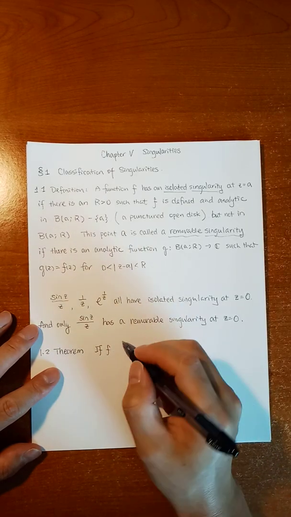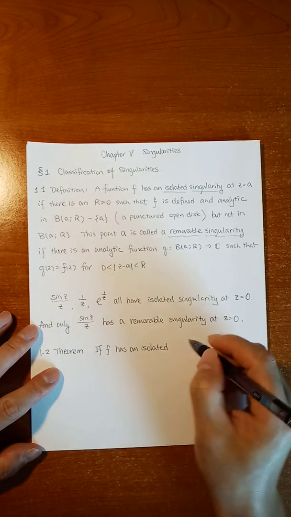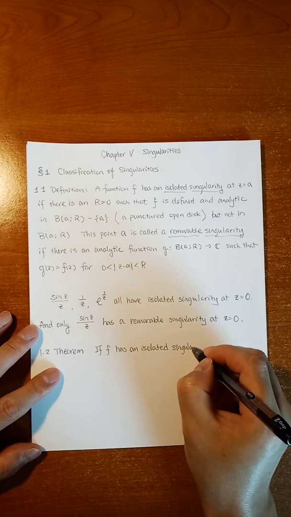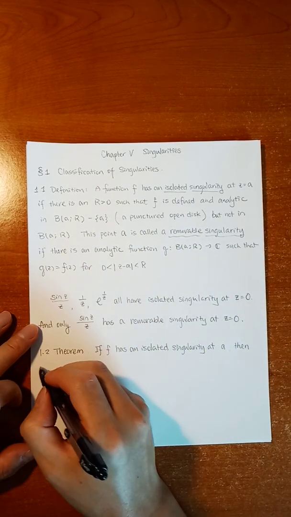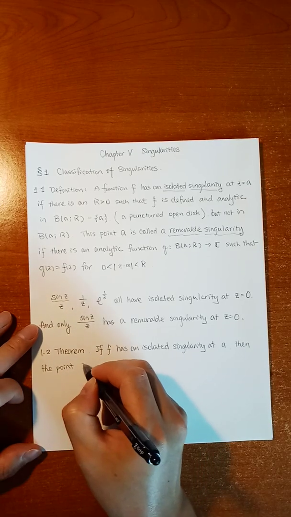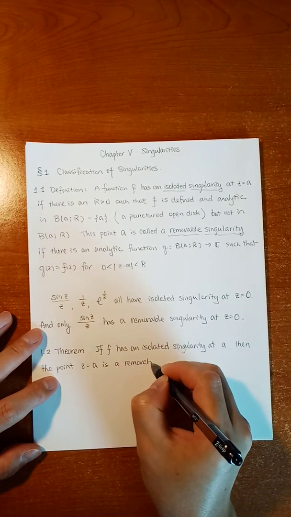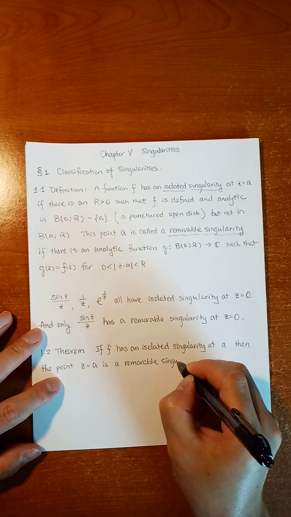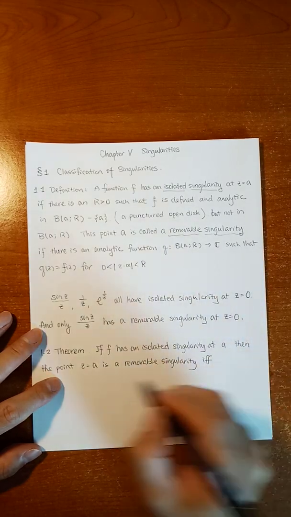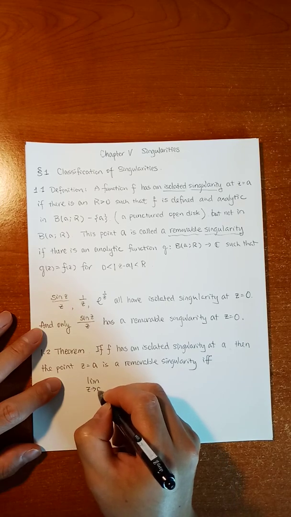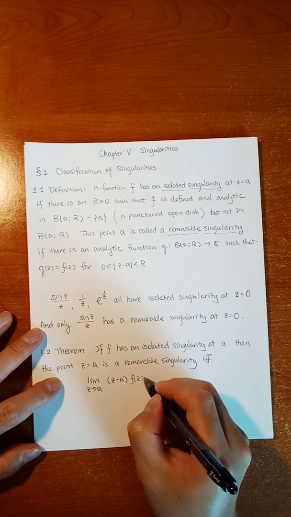If f has an isolated singularity at a, then the point z equal to a is a removable singularity if and only if the limit as z approaches a of z minus a times f of z equals 0.